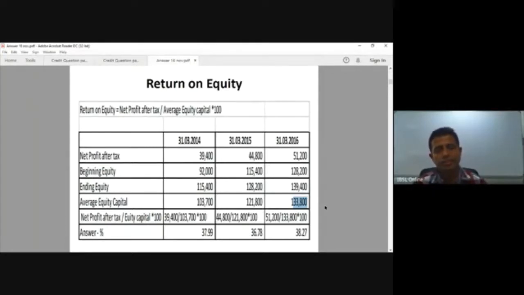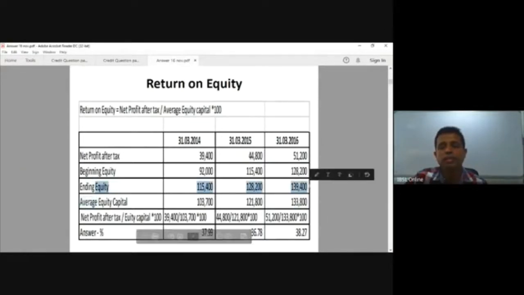Right. In a question paper, if you are not given figures to calculate the average equity, in that case you may use the year-end figures. You need only take these three figures. Don't calculate averages.